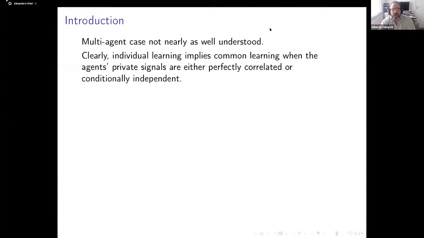In that case, my signal is very informative about the parameter, but it brings me no information whatsoever about the private signals of the other agents. And I know that the other agent is observing all these IID signals, and I know he's learning, and so there's going to be common learning.